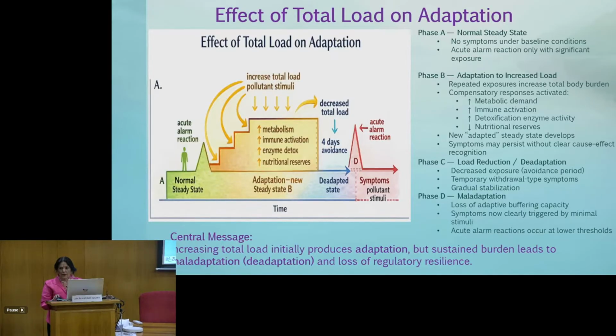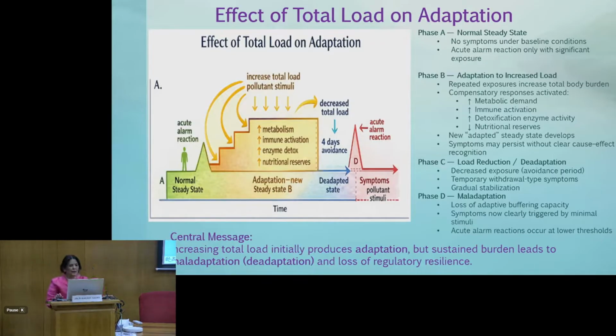In the early phase, there were no symptoms. During this phase, there is an upregulation in metabolism, there is immune activation, and there is also upregulation of detox enzymes. So the body has a capacity to increase or decrease depending upon what one has to detoxify.